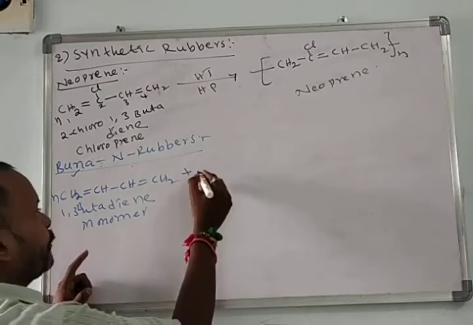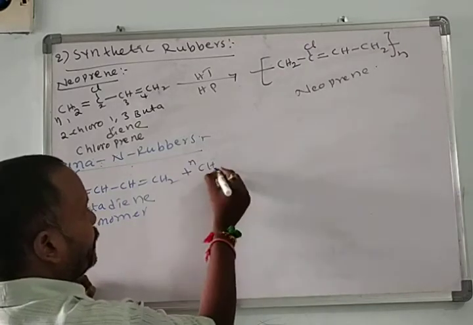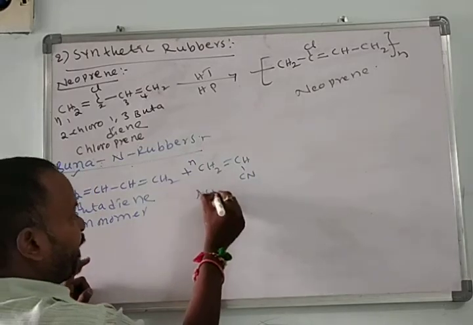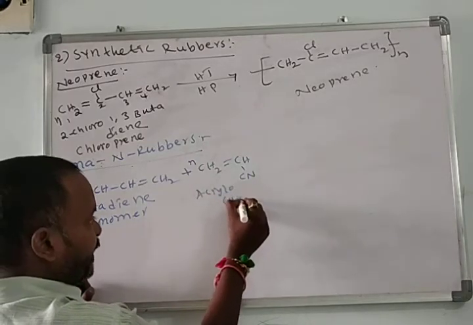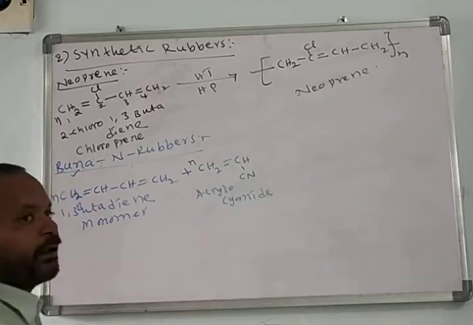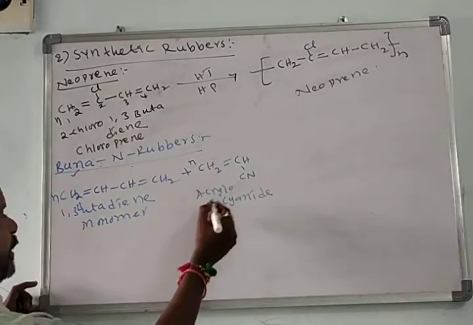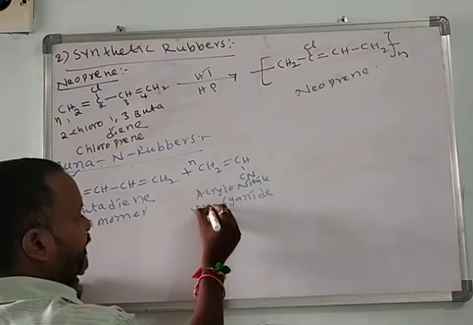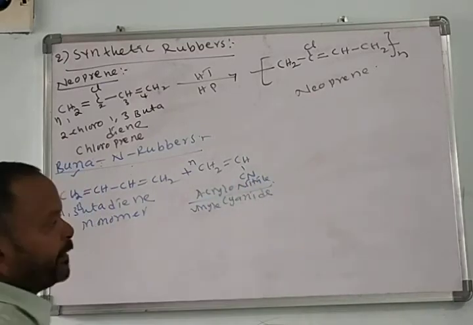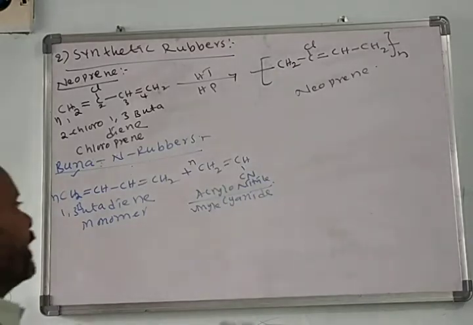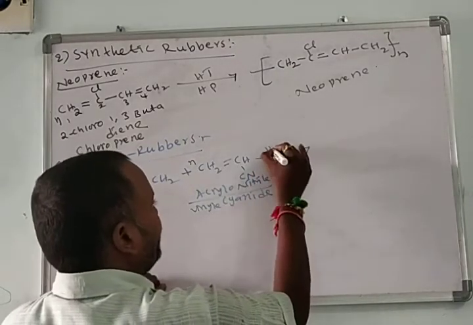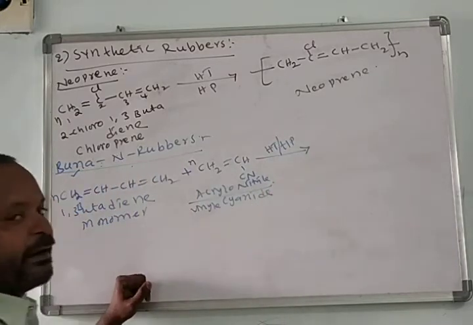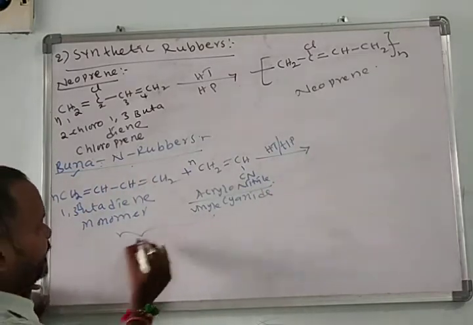I will take one more monomer, a number of molecules of acrylonitrile. This is vinyl cyanide, also called acrylonitrile. Acrylonitrile and vinyl cyanide are the same names. At high temperature and high pressure, what happens? It involves addition polymerization.